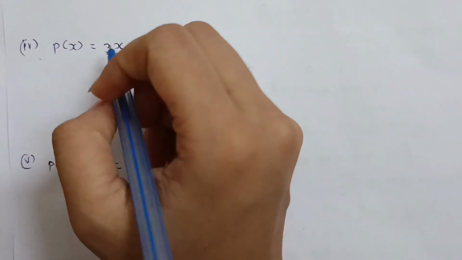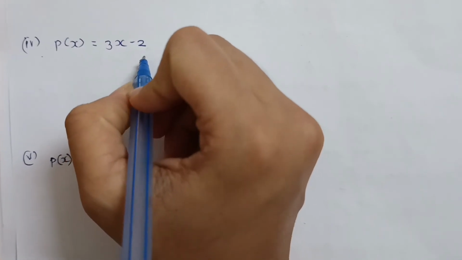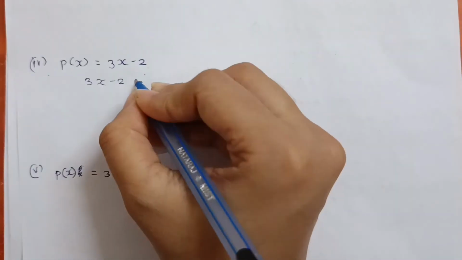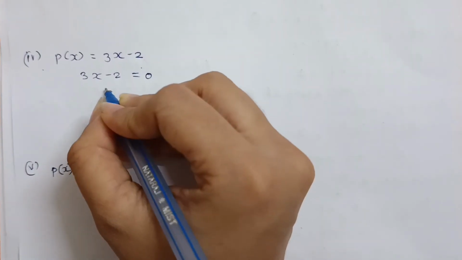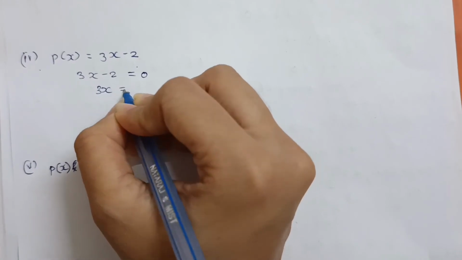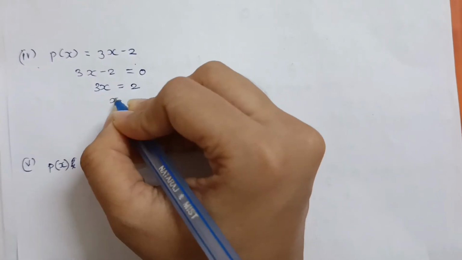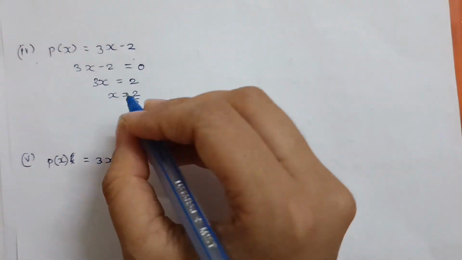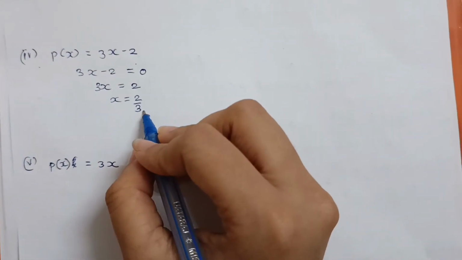4. P(x) is equal to 3x minus 2. Here 3x minus 2 is equal to 0. So 3x is equal to 2. x is equal to 2 upon 3.